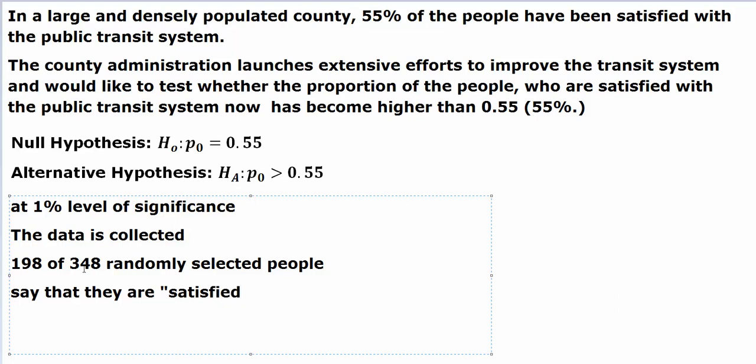Okay, so we would like to see whether we have a good evidence at 1% level of significance that this has become higher than 55%.